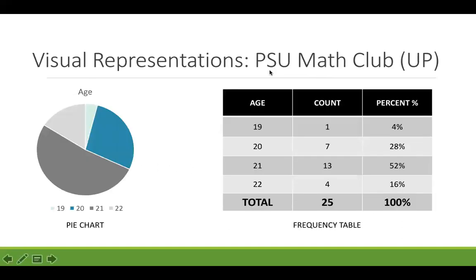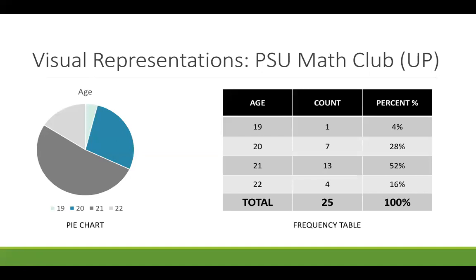All right, so here are some visual representations we can use with one categorical variable. So we have a pie chart, which is very commonly seen with a frequency table. In pie charts, each slice represents one category of the variable, and it becomes more difficult the more categories you have.